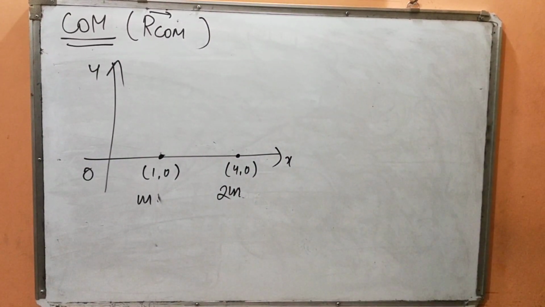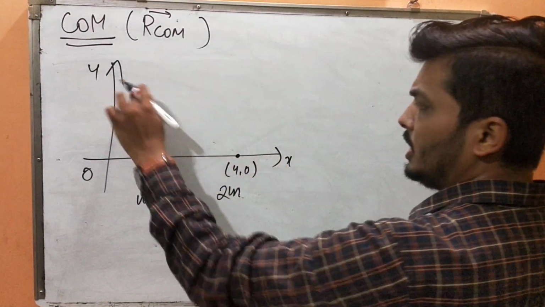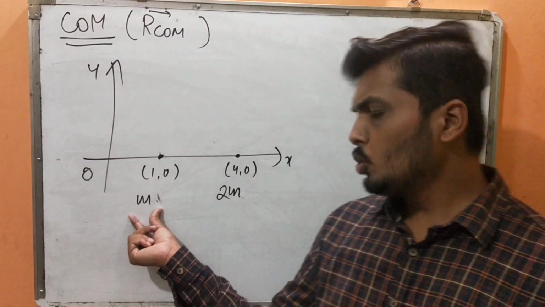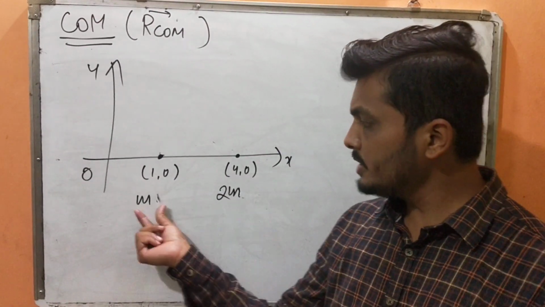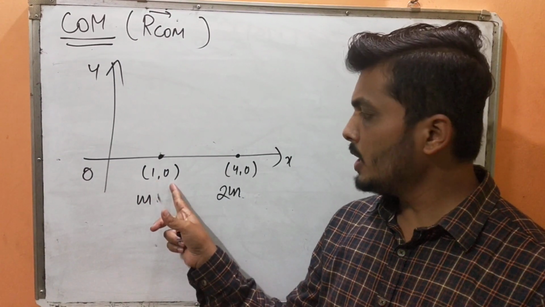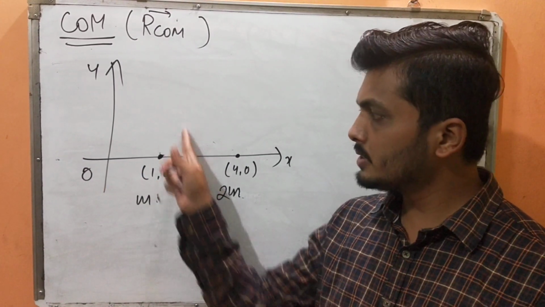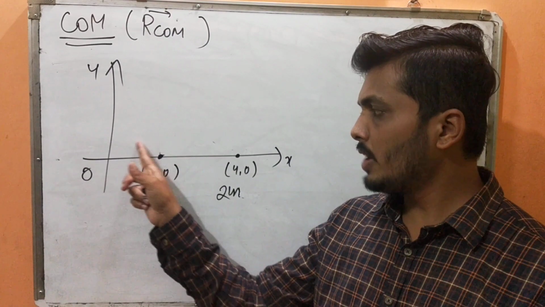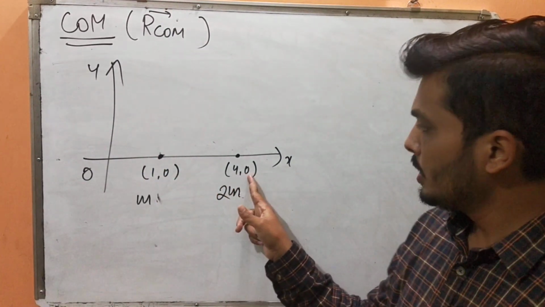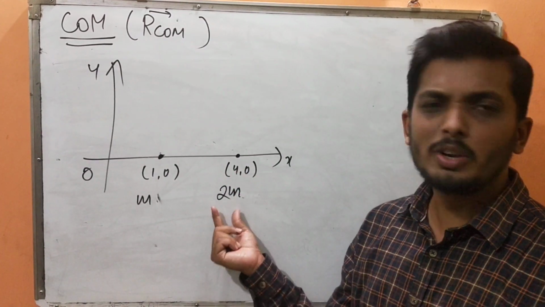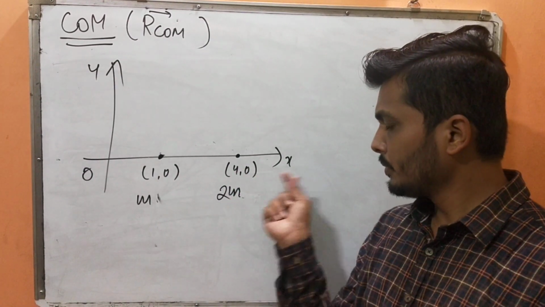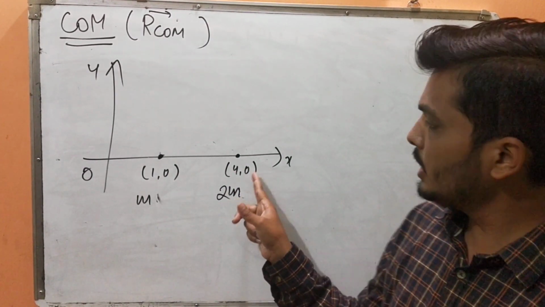Have you understood the question? These are the coordinates, x coordinate, y coordinate. There are two objects: one of mass m and one more of mass 2m. The y coordinate is 0, which means they lie along the x-axis. And this object is at 4 units, 4 meters, kilometers, whatever it is, and it is nowhere concerned with the y coordinate.